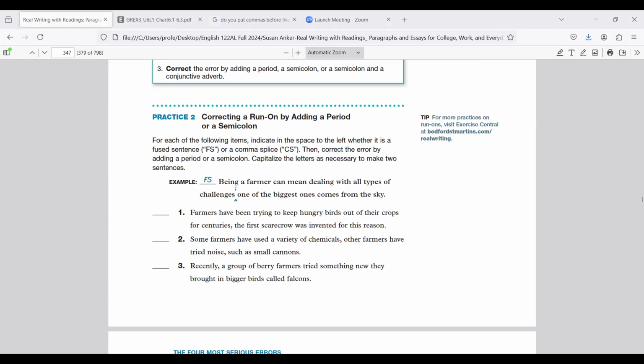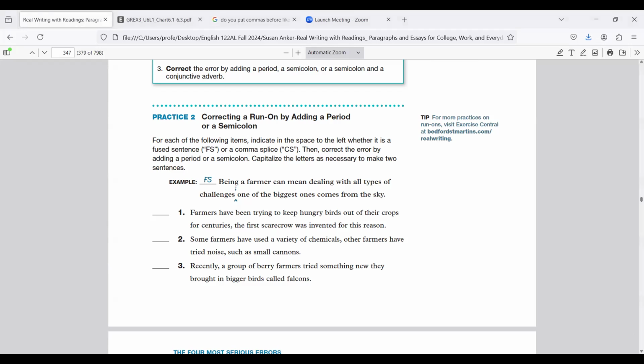And then we have a new subject. One comes from the sky, right? So one plus the verb plus the complete idea. So all we have to say is it's a fused sentence. I put a semicolon, that's it. I just want to warn you that if you do put a period instead of a semicolon, capitalize the beginning letter. Okay, so that's for you to finish on your own.